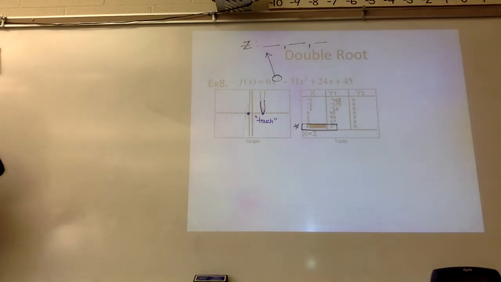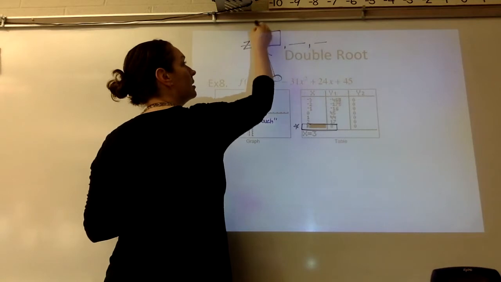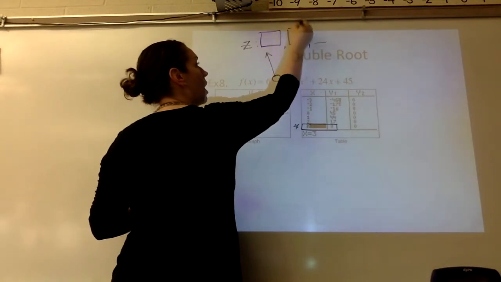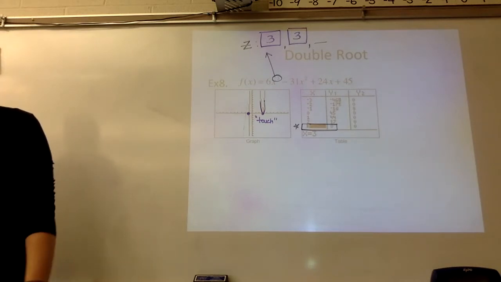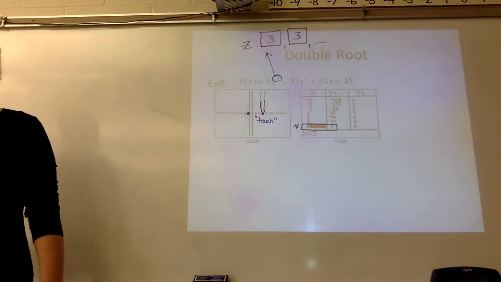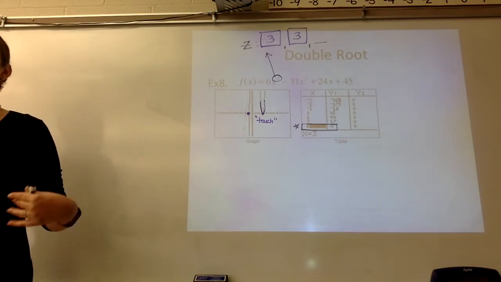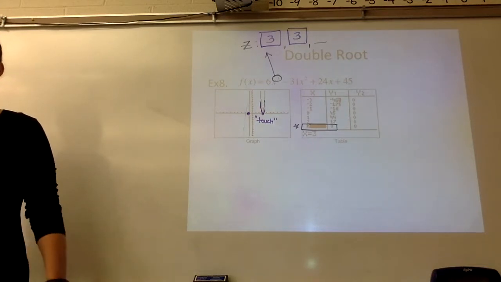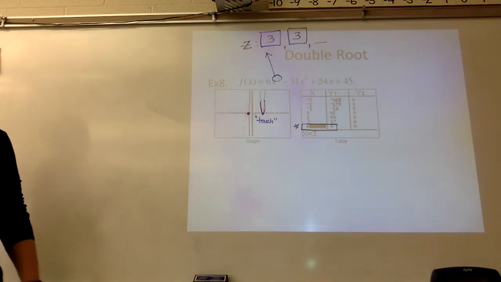Since this is only degree 3, I know that this one and this one are both going to be 3. Those of you that all of a sudden checked back in, you wrote the 2 3s. Do you have questions? You can phrase why I wrote 2 3s there.